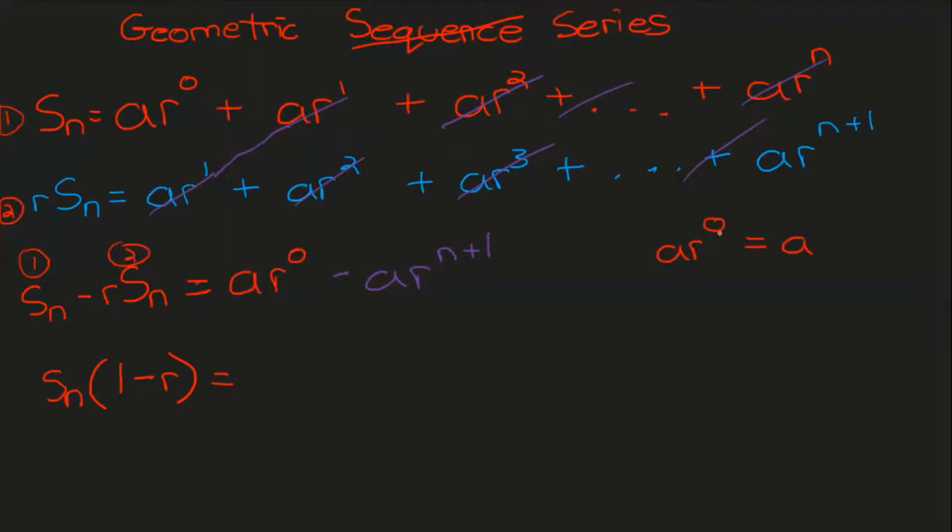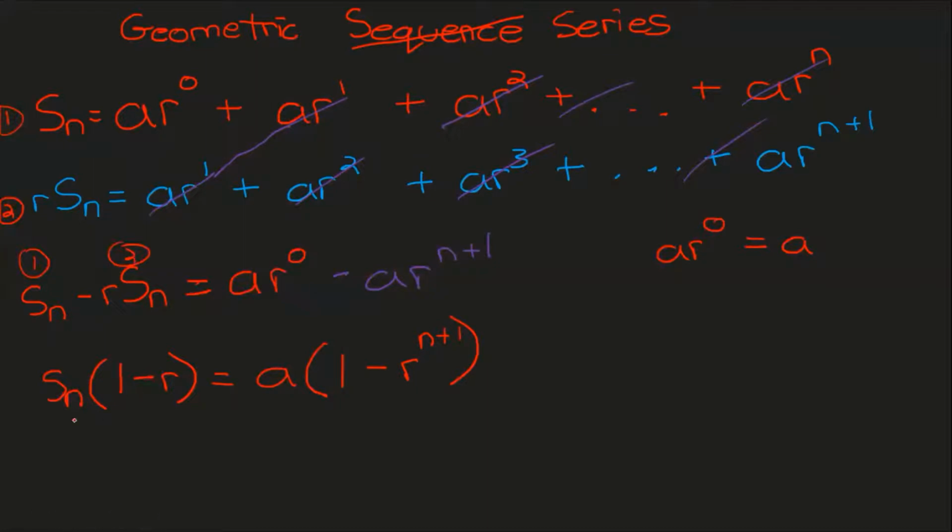Anything raised to the power of 0 is 1, leaving us with a. So what can we do here? Well, we could also factor, right? We could also factor. So we're going to be left with a bracket 1 minus r to the n plus 1.